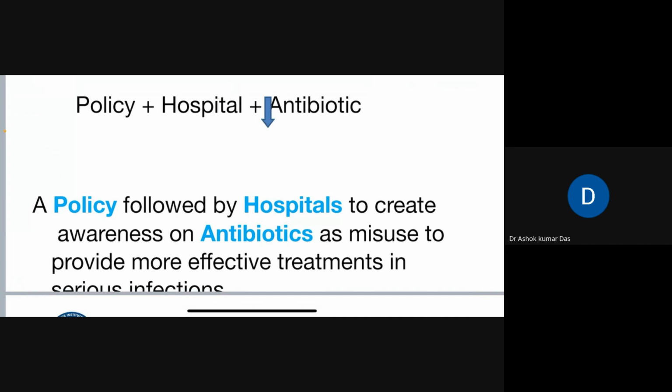A microbiology lab should ideally be there in every hospital, working 24 by 7, so that appropriate diagnosis can be made and antibiotics are given only where required.